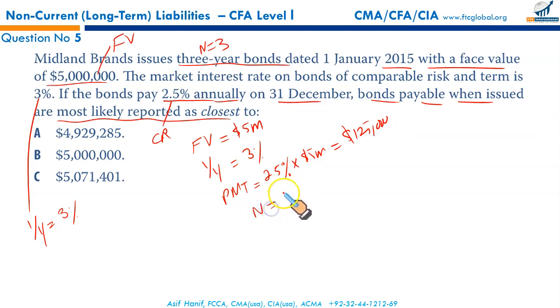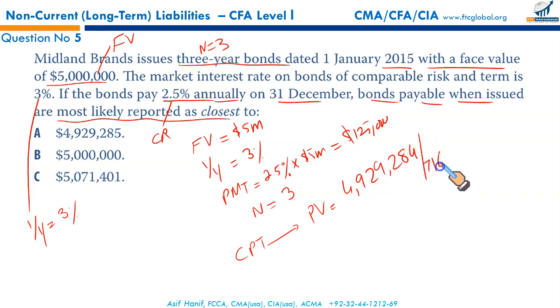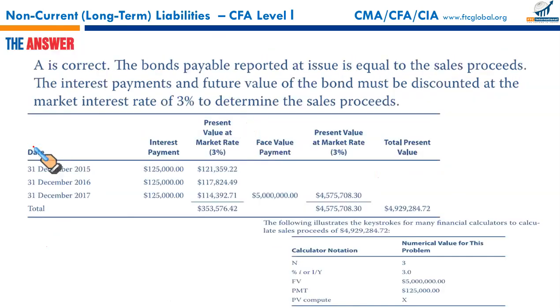N is 3. You just press CPT, punch PV, you will get 4,929,284.716. And this perfectly matches with your option A. A it is.